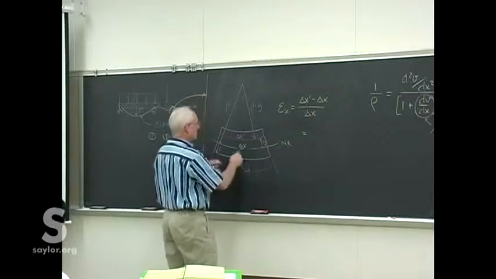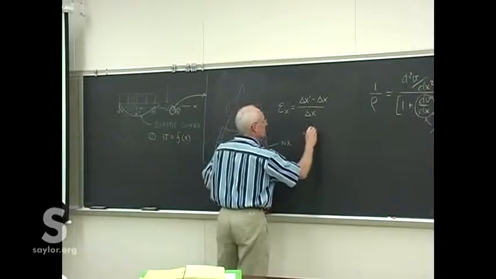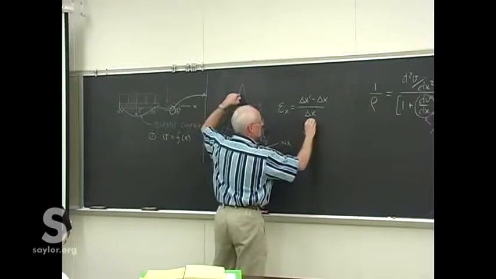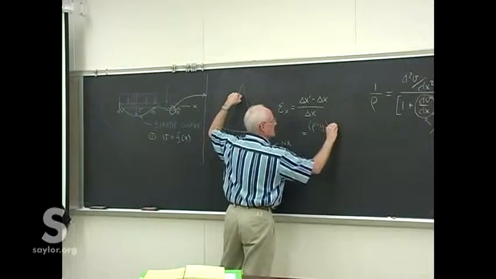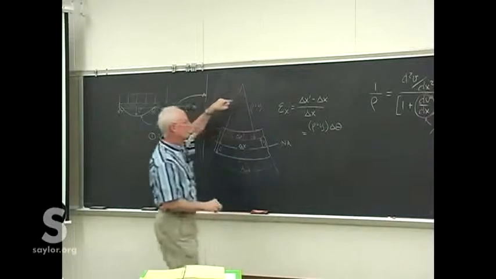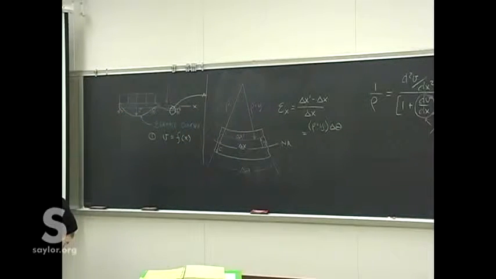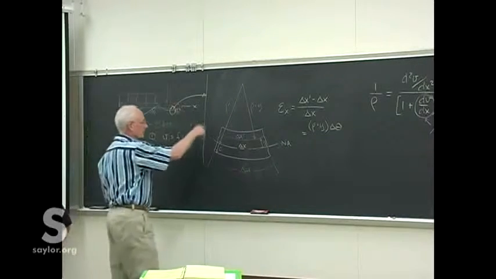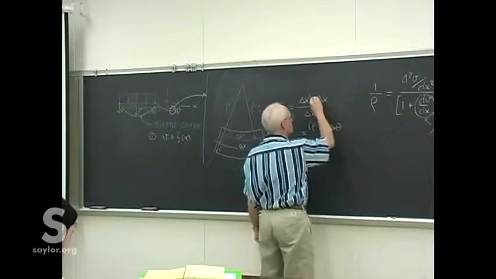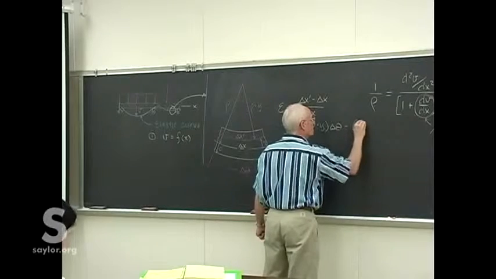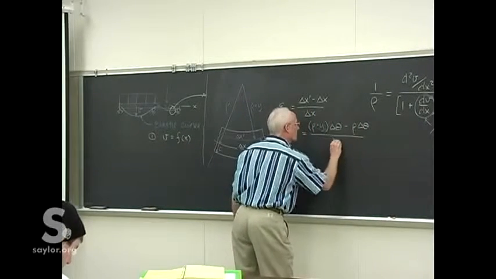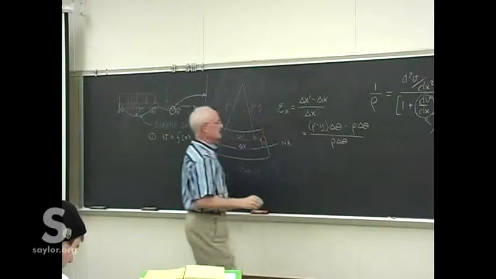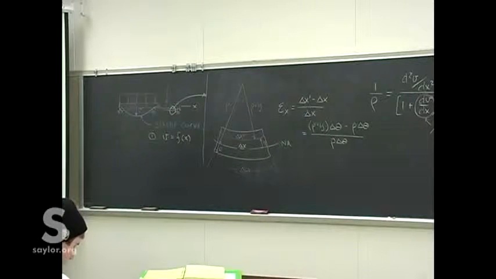So the arc length of that delta x prime is rho minus y, delta theta. That's the delta x prime. Delta x is rho delta theta, so we subtract that off, rho delta theta, and this is over rho delta theta, and of course the delta theta cancels.